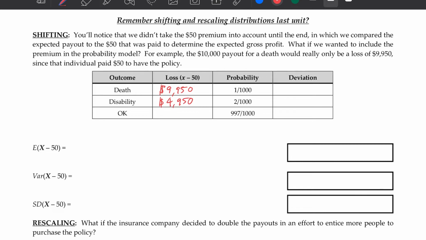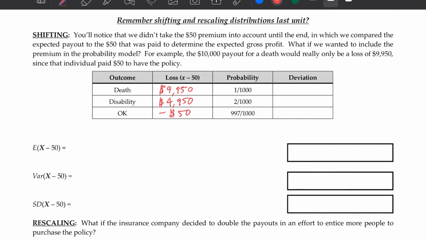That is a loss to us. And the last one, or no change, well, we don't pay them anything, but they paid us $50. So we're actually not losing money here. This is a little confusing because it's a loss of -50. Well, that would be a gain. We actually gain $50 for every single one of these people.